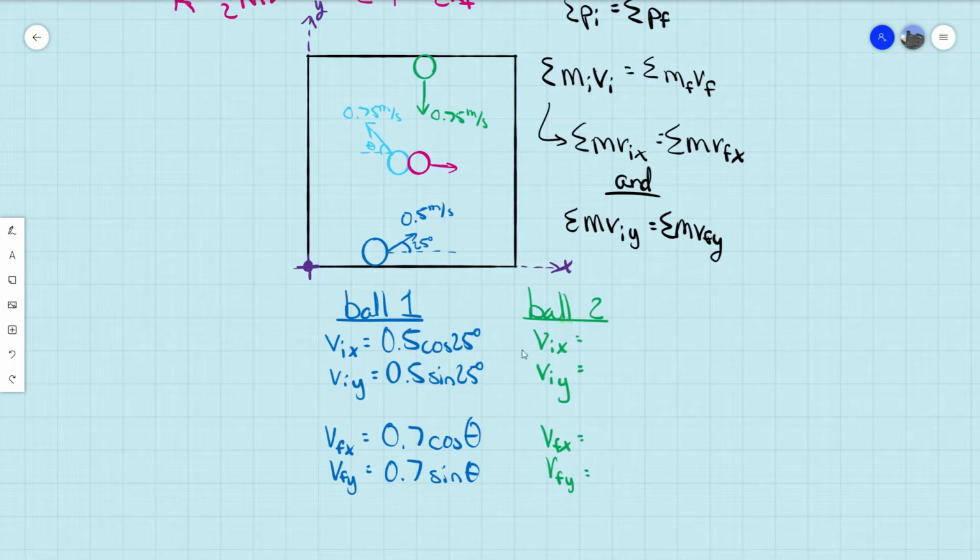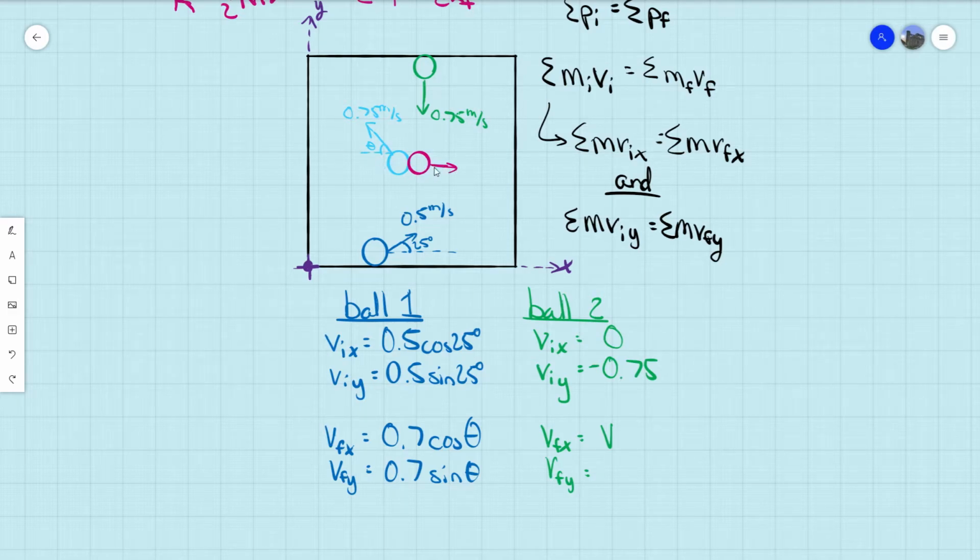So initially, the second ball is going only in the y direction, which means there is no initial velocity in the x direction. And there is a 0.75 meter per second velocity in the y direction. And it's negative because it's going down. In the x direction, or the final velocity in the x direction, is an unknown velocity, but we know that it's positive because we've pointed it to the right.